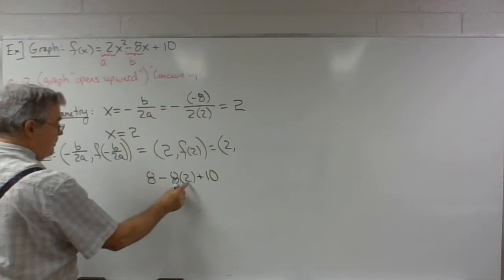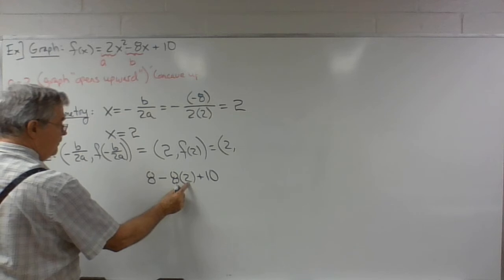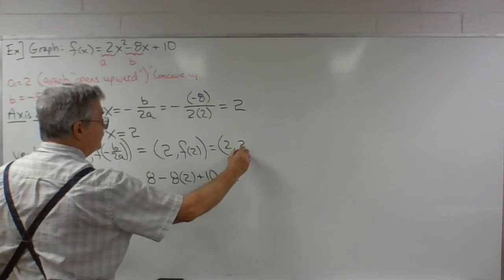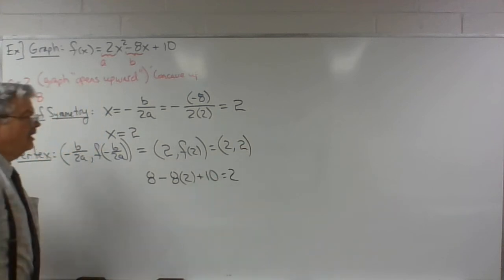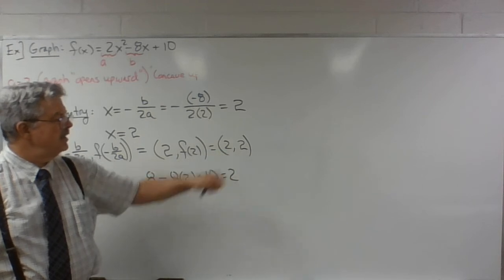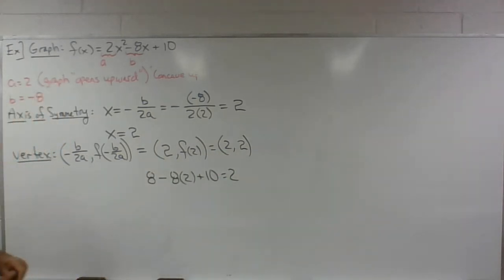So we have 8 minus 16 is negative 8 plus 10 is 2. Oh, that's convenient. The vertex is x equals 2, y equals 2.